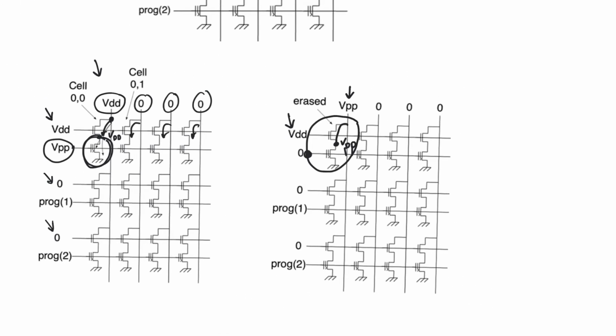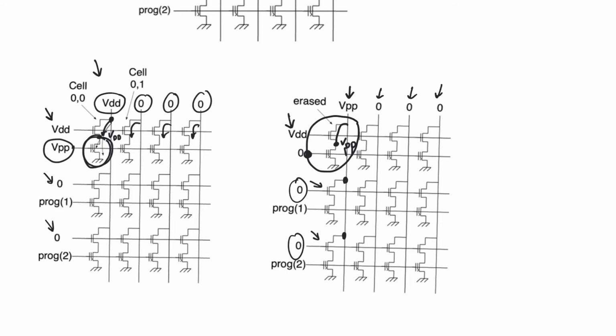Now, if you look at the other cells in the row, these cells are not going to be programmed or erased because they don't have VPP applied to their drains. They have zeros applied to their drains. Now, the other cells in the column are also not going to be erased because even though they have VPP applied to the drain of the access transistor, the access transistors are disabled by applying 0.